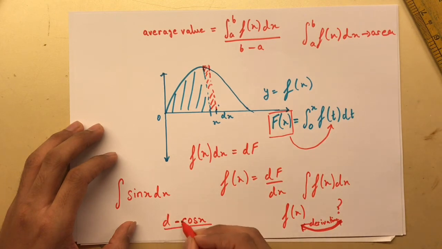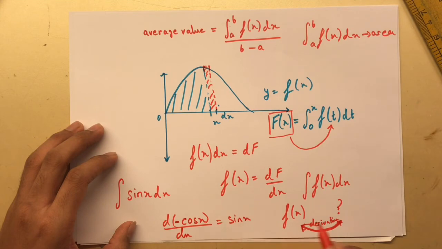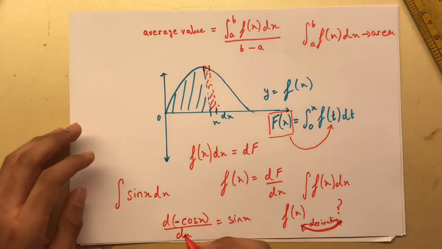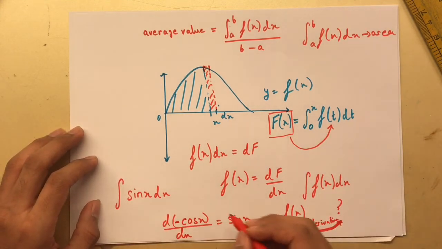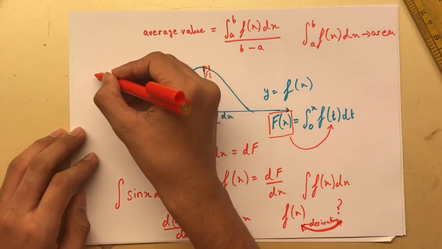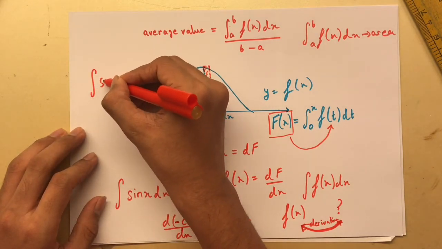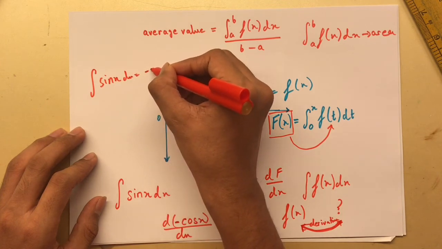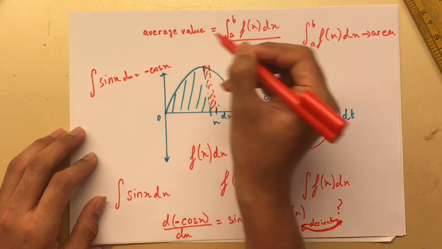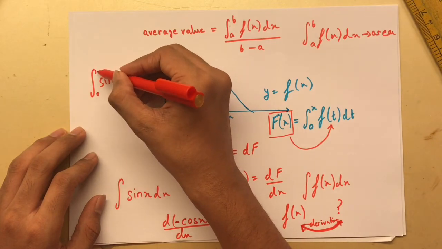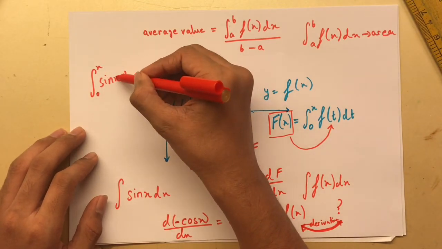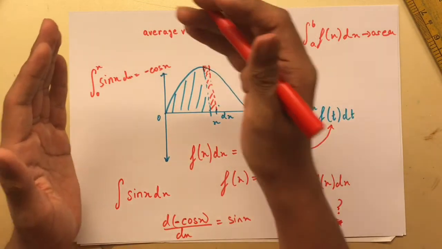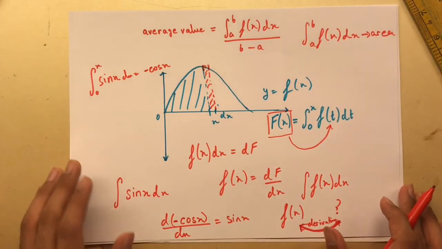So d of negative cos of x over dx is equal to sine of x. And therefore the integral of sine of x dx is actually just negative cos of x. And we would have to put some limit from 0 to x, let's say, of sine of x dx would be negative cos of x.